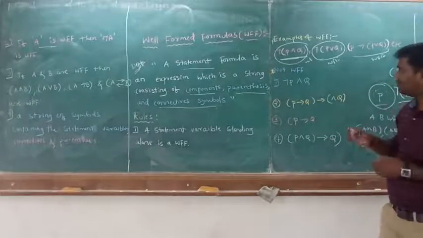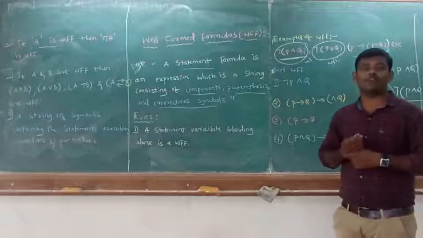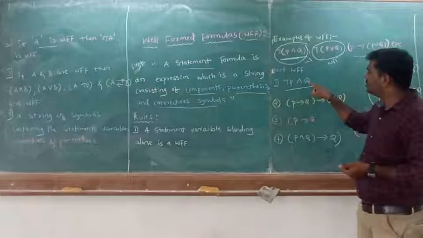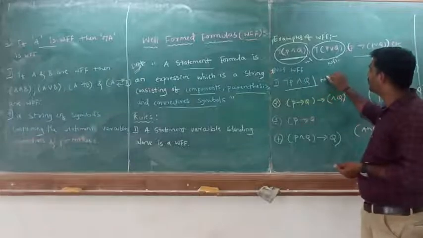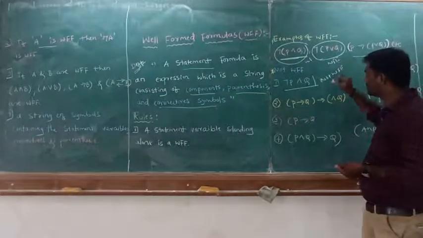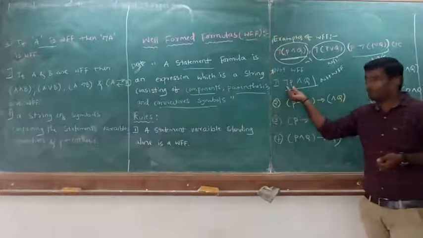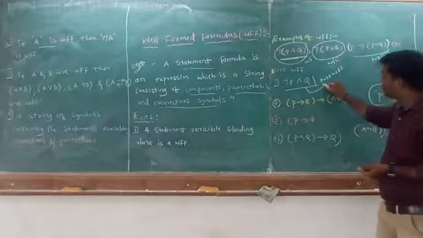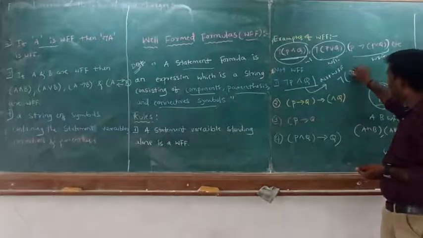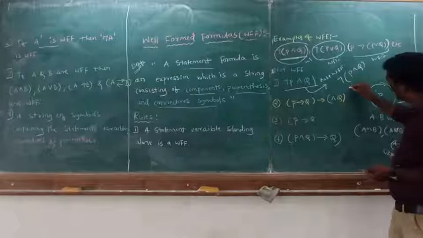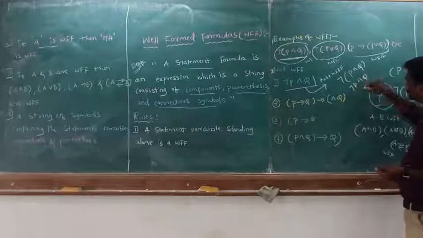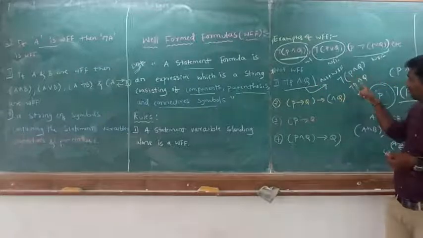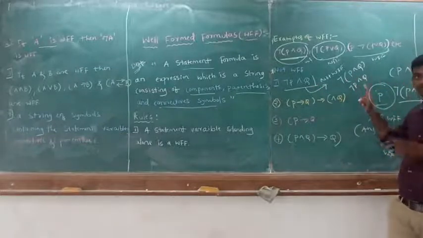Next, let's see some examples which are not well formed formulas. First, negation P conjunction Q. This is not a well formed formula because it can be read in two ways: negation applied outside to the bracket P conjunction Q, or negation applied only to P, conjunction Q. If you construct truth tables for both expressions, the results will be different.